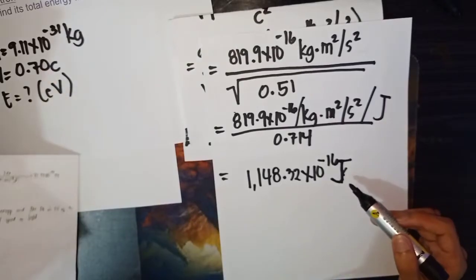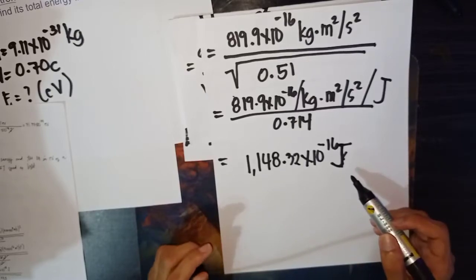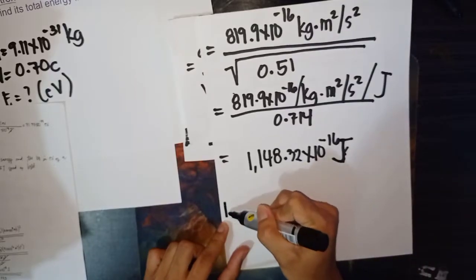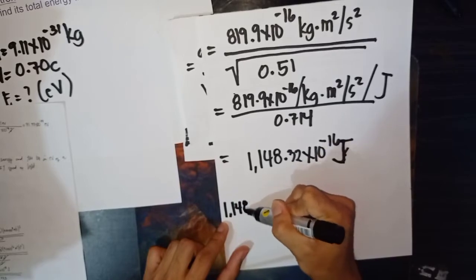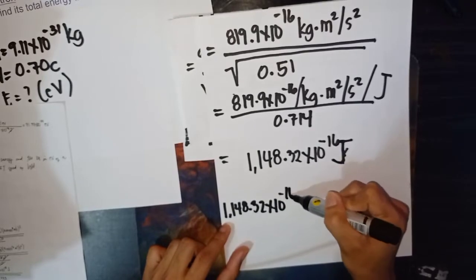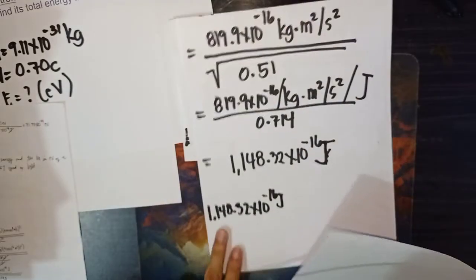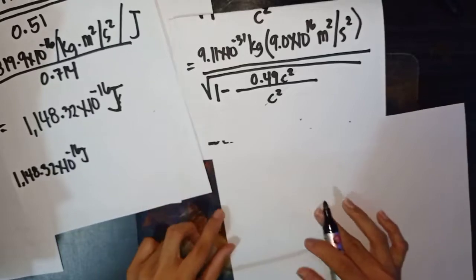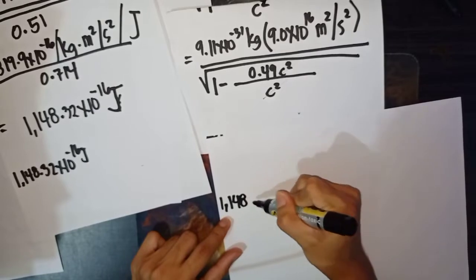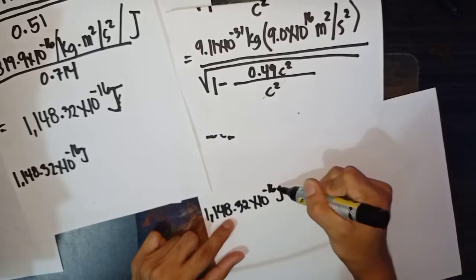Now we are in joules, so let's do the dimensional analysis in order to convert from joules to eV, or electron volts. We have 1148.32 times 10 raised to the power of negative 16 joules.